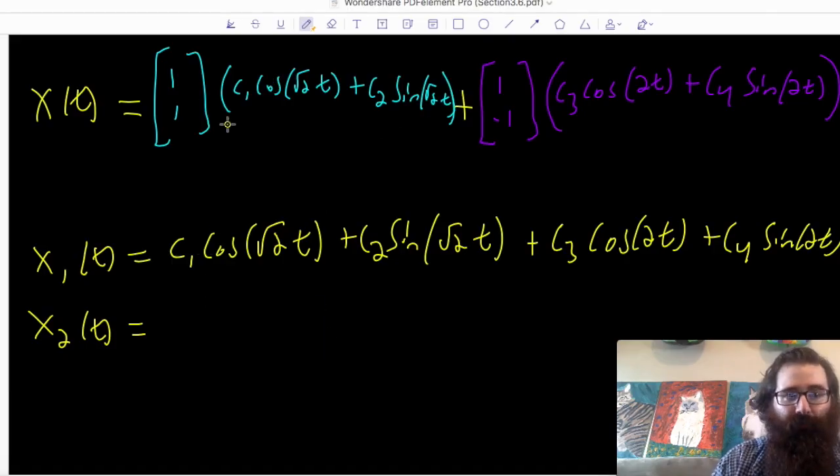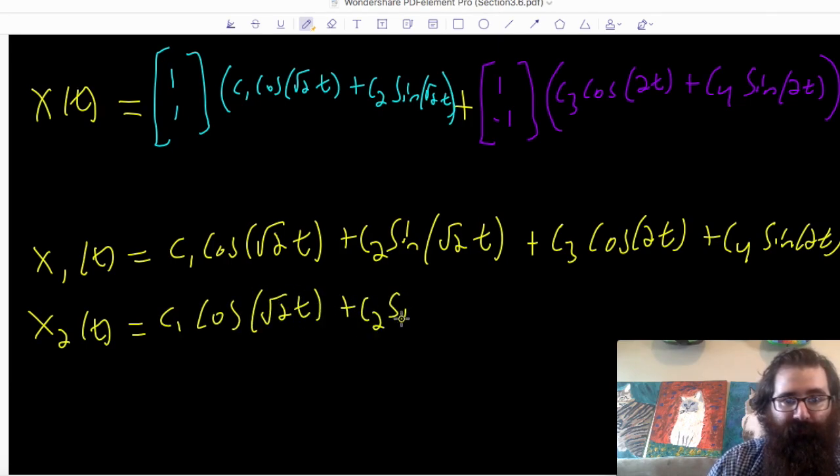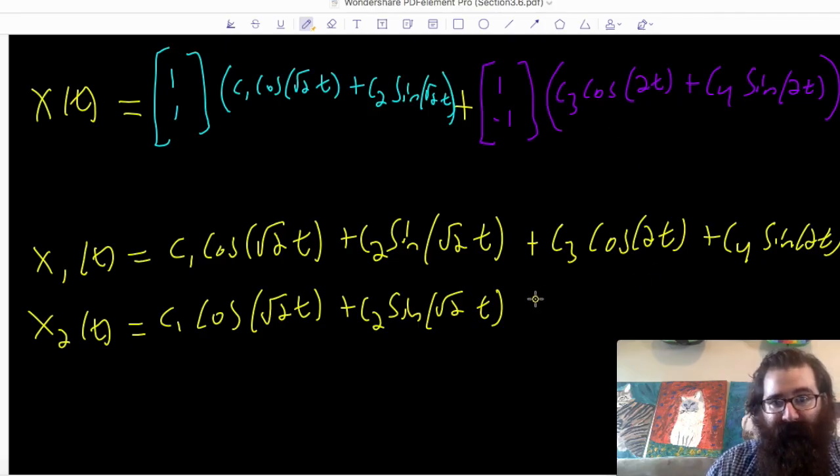Now for the bottom entries, again, it's 1 times the stuff in the blue parentheses, so c sub 1 cosine square root 2t plus c sub 2 sine square root 2 times t, and then now negative 1 times the purple parentheses, so negative c sub 3 cosine 2t, negative c sub 4 sine of 2t.